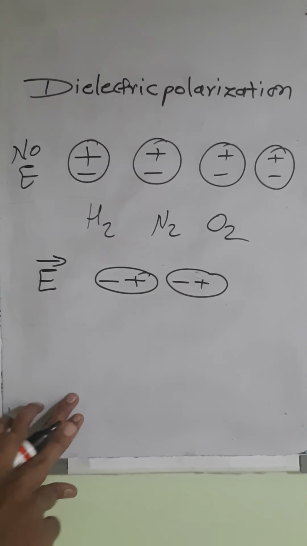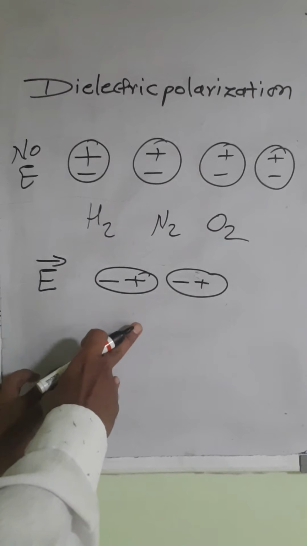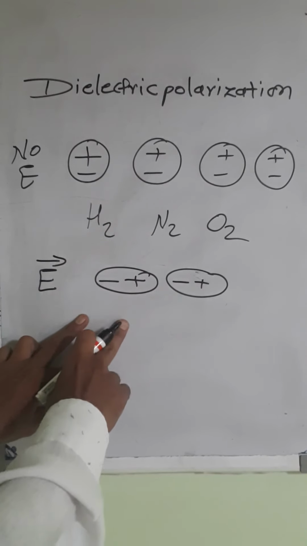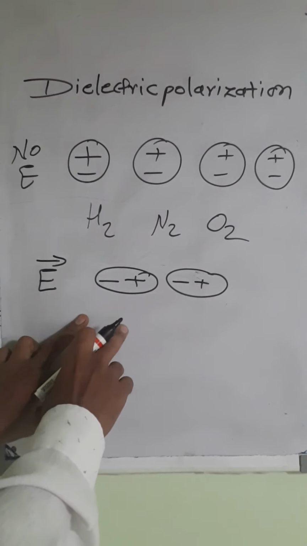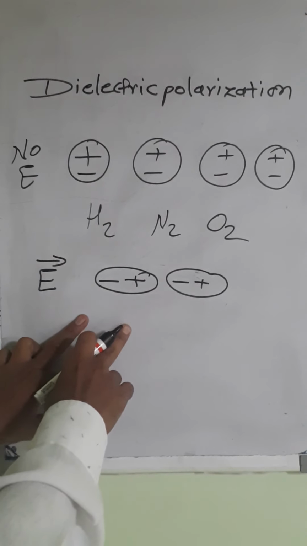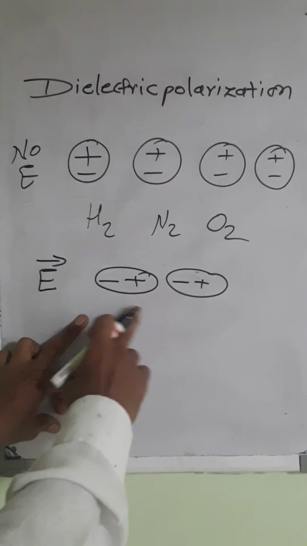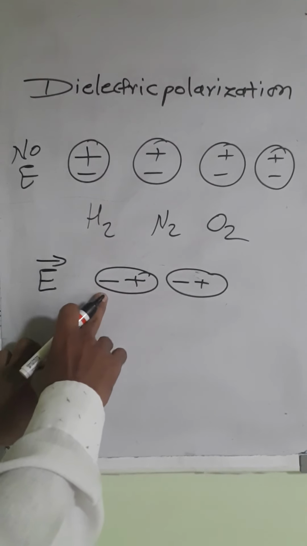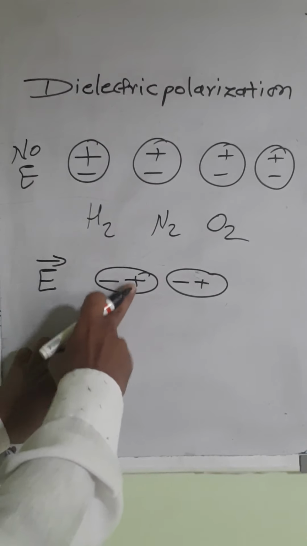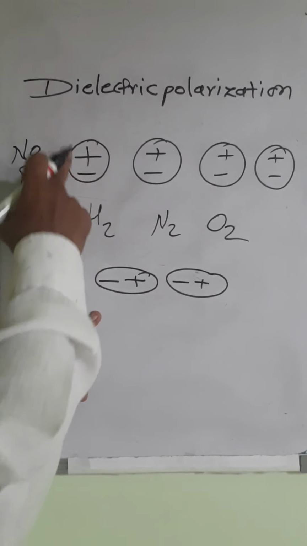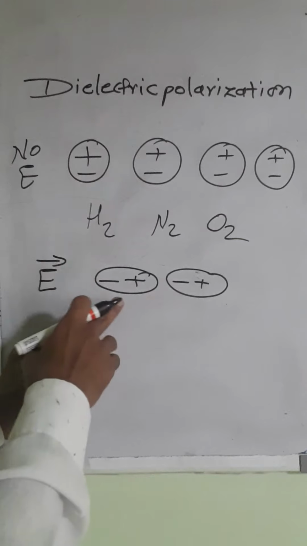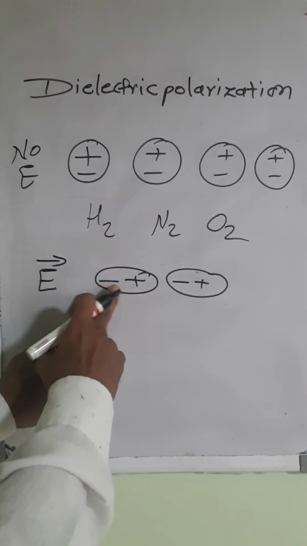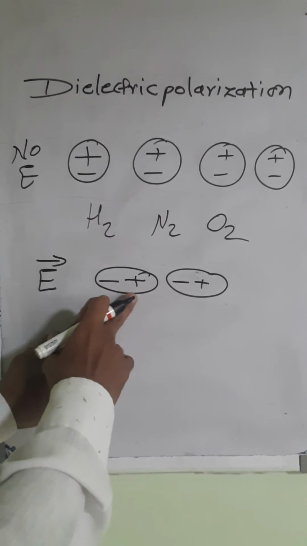So whenever an external electric field is applied on the dielectric material, for example HCl, the field exerts a force on each charged particle, which results in the displacement of the entire positive and negative charges from their equilibrium positions, unlike the previous one in non-polar, and in polar here it changes.